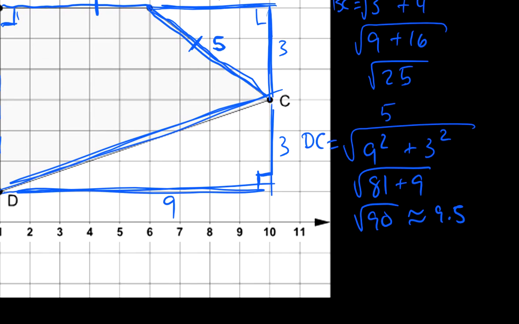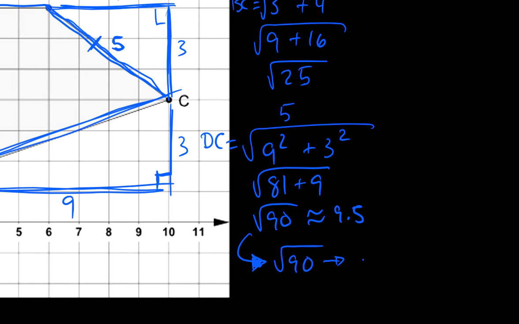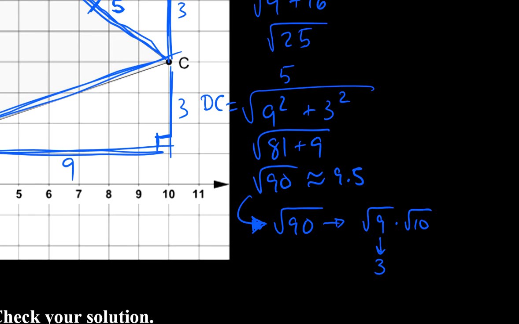By the way, just something I want to start pointing out when we see expressions like this. I want you guys to think about this, because especially as honor students, you should be able to do this fairly easily. The square root of 90 is the same as the square root of 9 times the square root of 10. The reason I broke it down that way is that the square root of 9 is a perfect square, right? It's 3. So the square root of 90 is the same thing as 3 times the square root of 10.